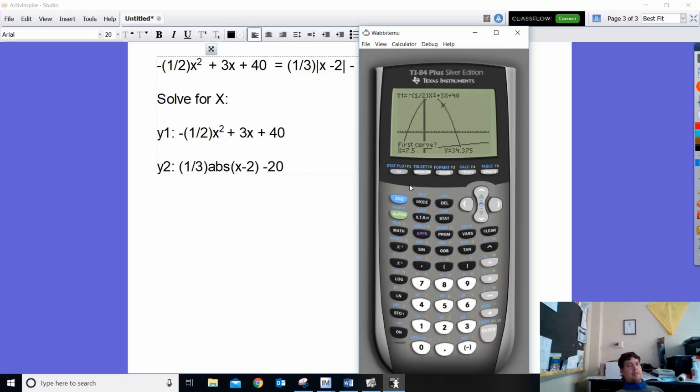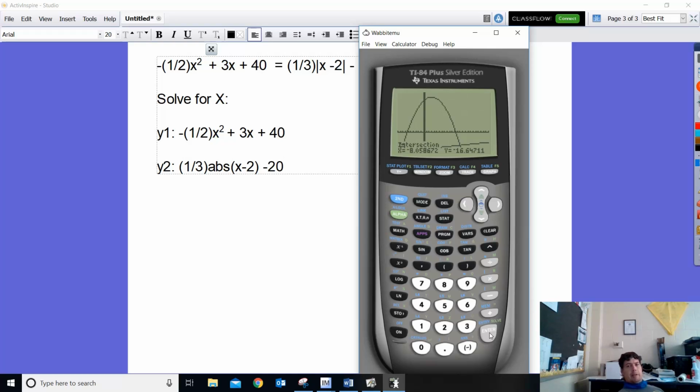Which one do you want to get first, the left one or the right one? Left one. That means you hold your cursor till you get closer to that one. See where I stopped my cursor? Is it closer to the left intersection than the right? Yes. How many times do you press enter? 3. Don't sit there and try and figure out what it is. Just let the calculator do that.